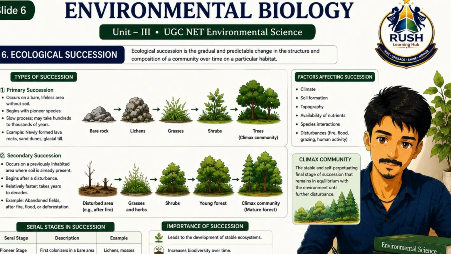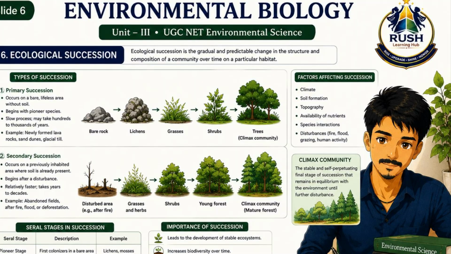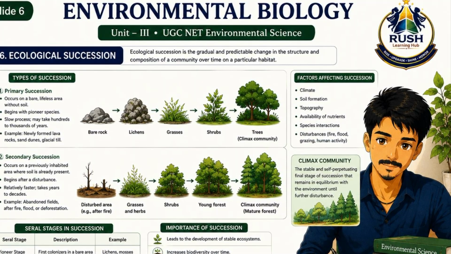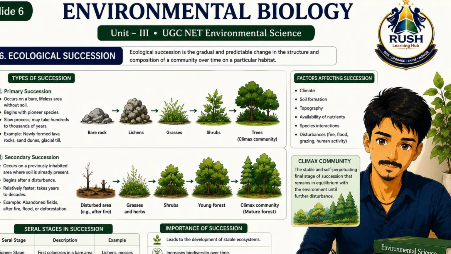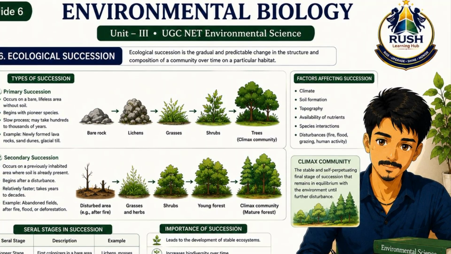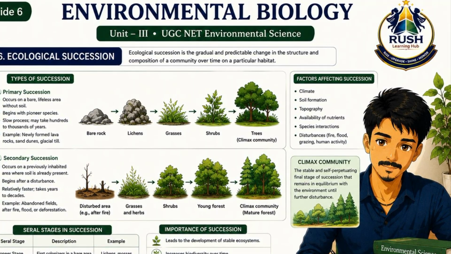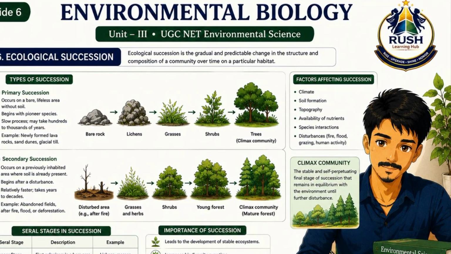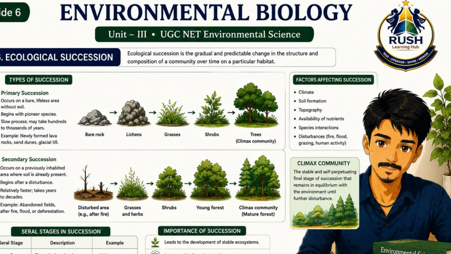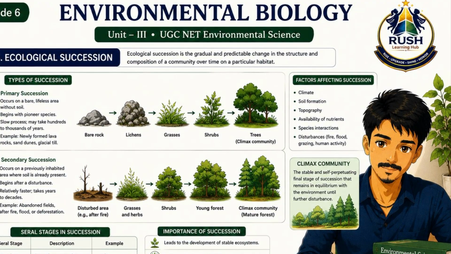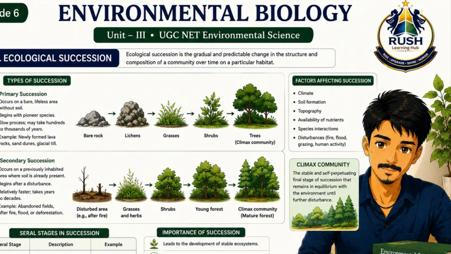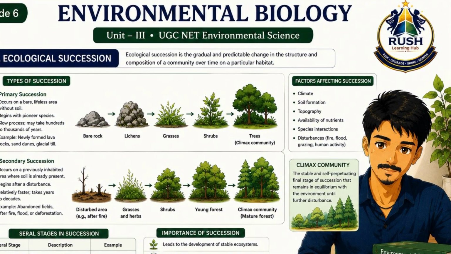During these stages, species diversity, biomass, and nutrient accumulation increase progressively. Finally, the ecosystem reaches the climax stage, which represents a stable, mature, and self-perpetuating community that remains in dynamic equilibrium with the prevailing environmental conditions. The climax community is considered the final stage of succession unless disturbed by external factors.